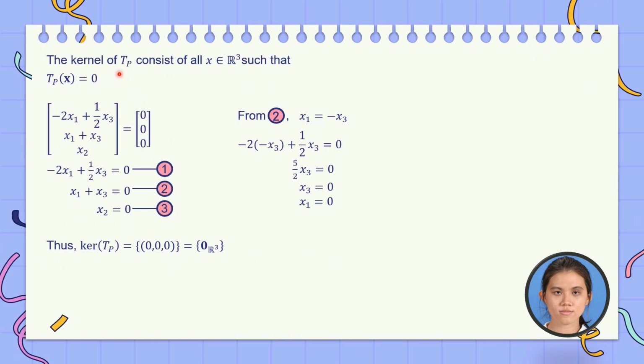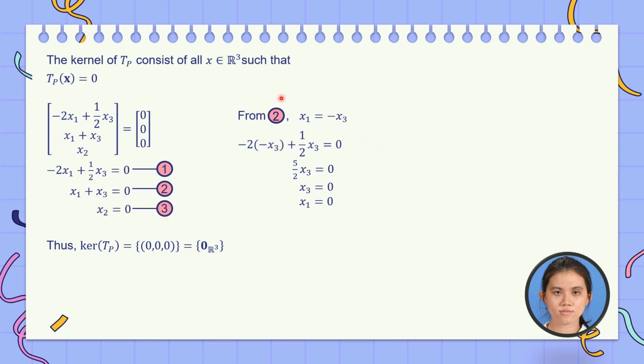Next, we need to find kernel TP. The kernel of TP consists of all x that is an element in R cubed and TP(x) equals 0. By substituting all the elements of TP in the formula, we create a system of linear equations, which is negative 2x1 plus 1 over 2x3 equals 0, x1 plus x3 equals 0, and x2 equals 0.